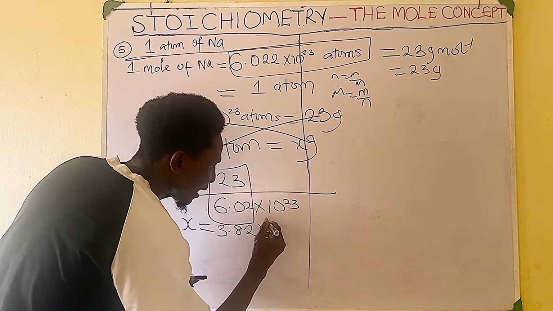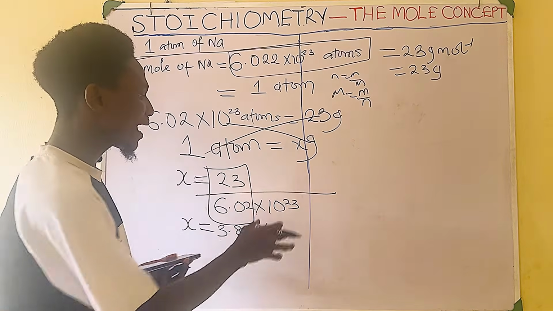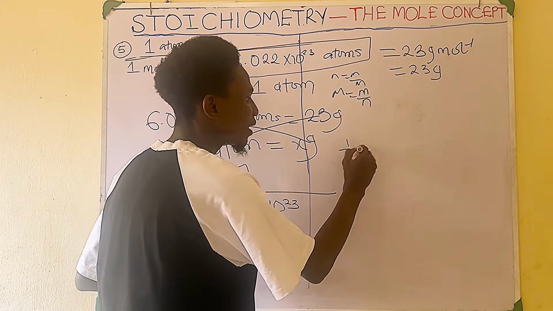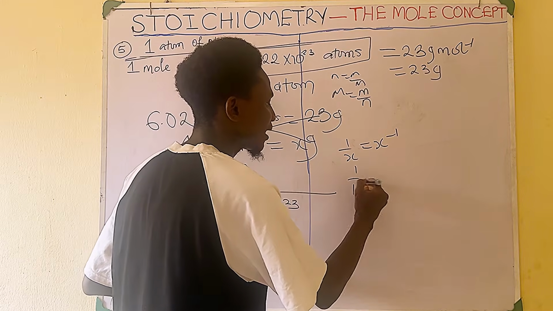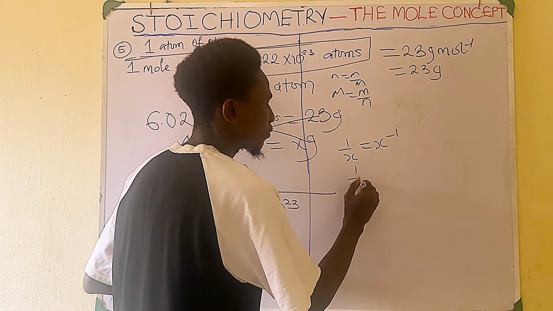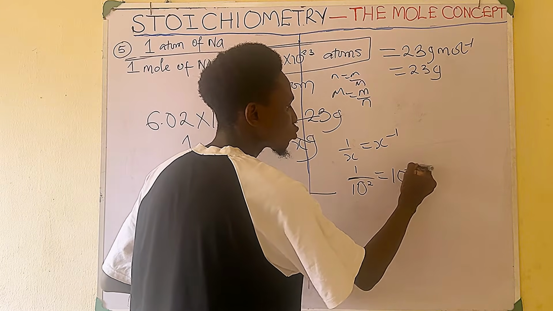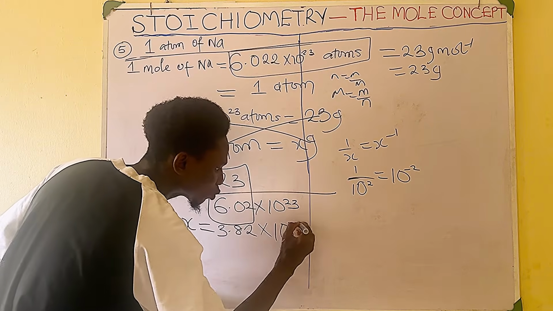3.82 times what? According to indices, when I bring this up, there's going to be a negative sign. When I have 1 over x, it becomes x raised to power minus 1. So 1 over 10 raised to power 2 becomes 10 raised to power minus 2. Now if I bring this up, it becomes 10 raised to power minus 23.